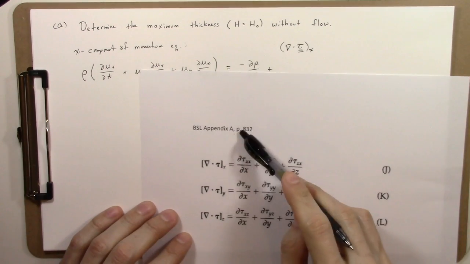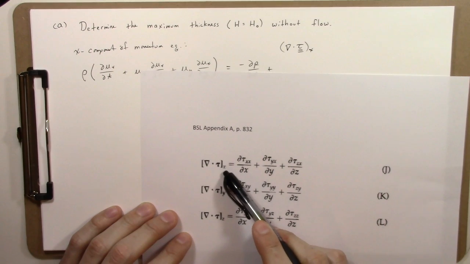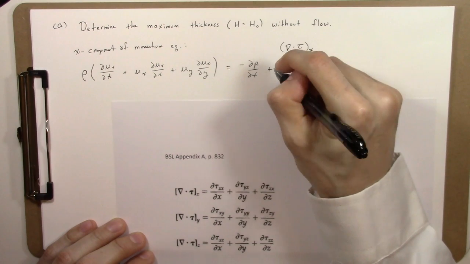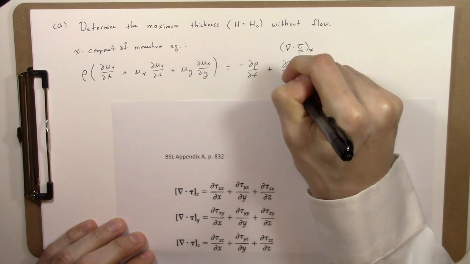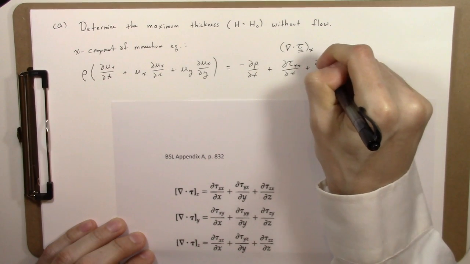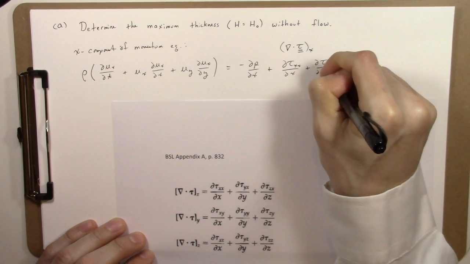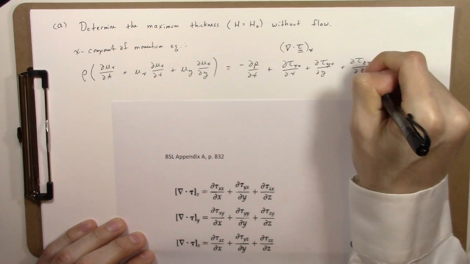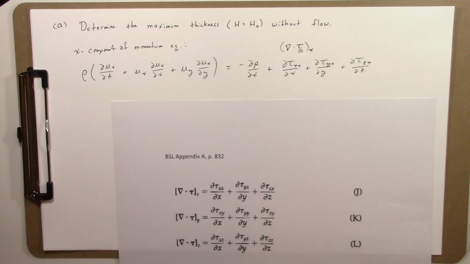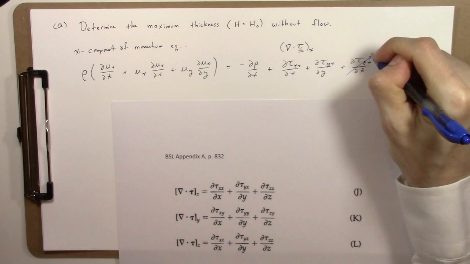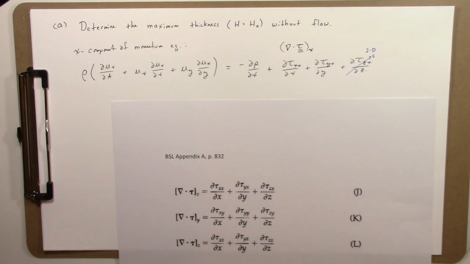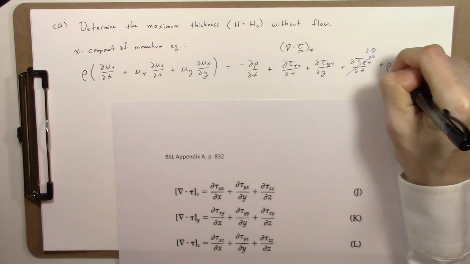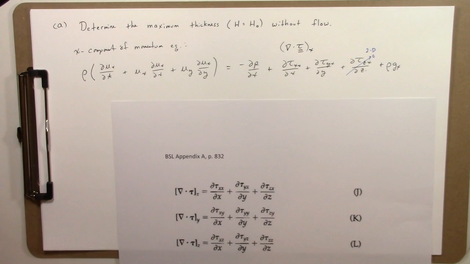So if you look at BSL Appendix A, page 832, del dot tau x component, we get the partial of tau xx with respect to x, plus the partial of tau yx with respect to y, plus the partial of tau zx with respect to z. Now this is equal to 0. It's 2D in any case, so we get rid of that. We also have the gravity term rho gx on the right hand side.